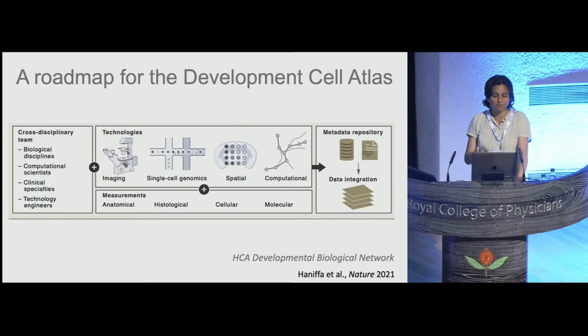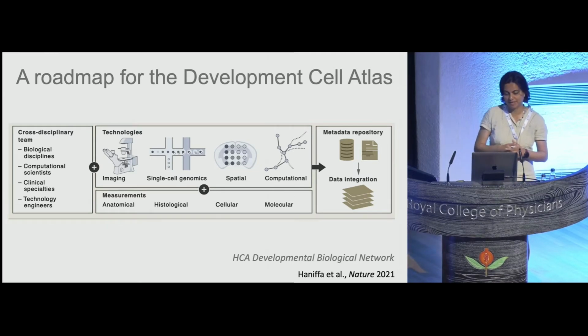I'm going to focus my talk on the developmental cell atlas, and this is focused on studying human development, which is extremely difficult and has really been a black box up to now. Much of what we understand has been shaped by looking at animal model systems.